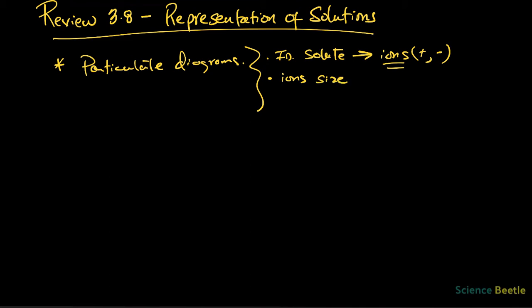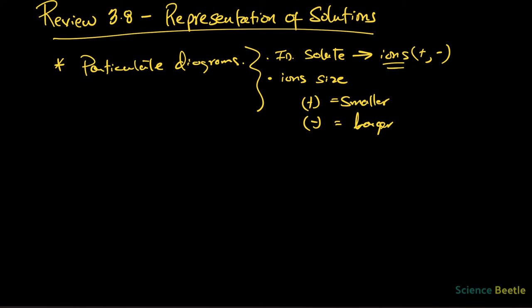Make sure that it's the correct size. Remember here that cations are typically smaller and the anions are typically larger than their corresponding cation partner. So those are two items that you want to be able to remember here.